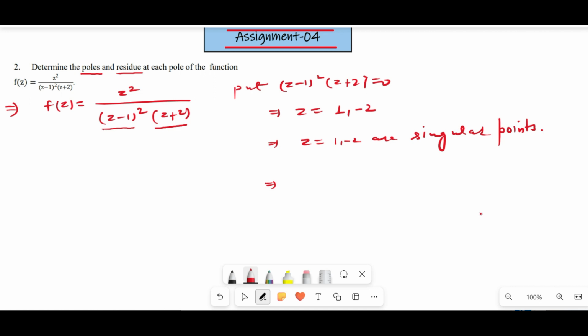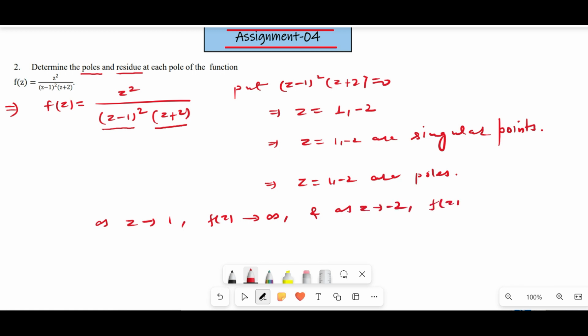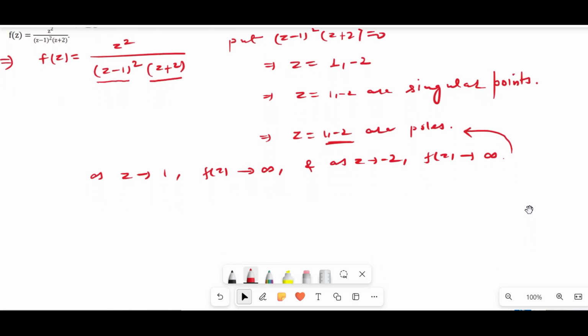So we can say that z equal to 1 and minus 2 are poles, because as z tends to 1, f of z tends to infinity, and as z tends to minus 2, f of z tends to infinity again. It shows that the singular points z equal to 1 and minus 2 are poles. So now further we need to find the order.